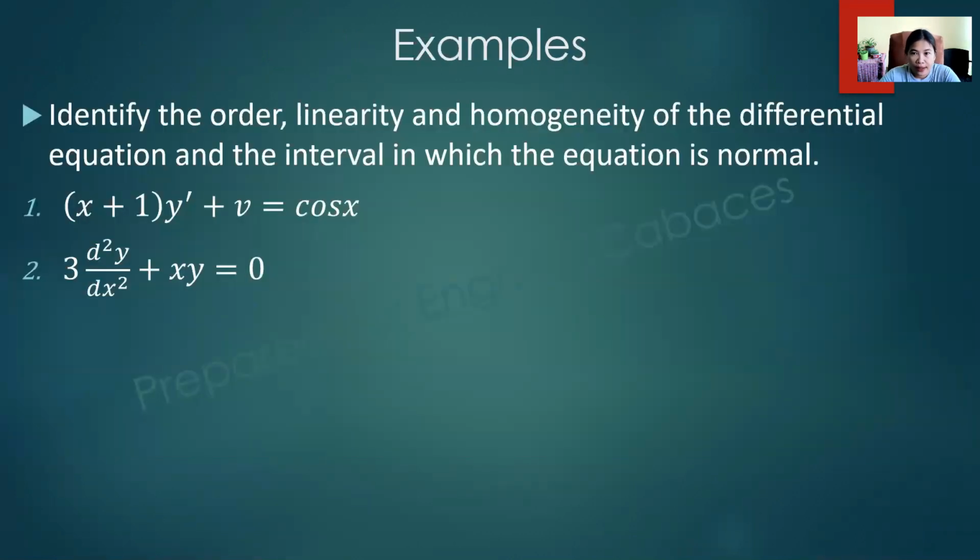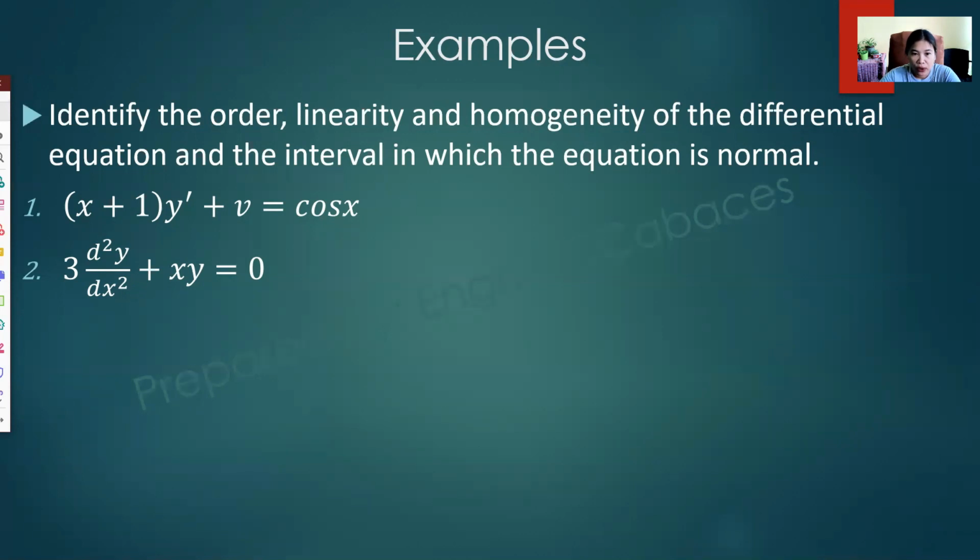Now let us have the following examples. Let us identify the order, linearity, and homogeneity of the differential equation and the interval in which the equation is normal. So for problem number 1, you have x plus 1 times y prime plus y is equal to cosine of x.